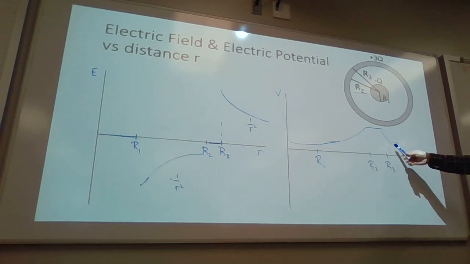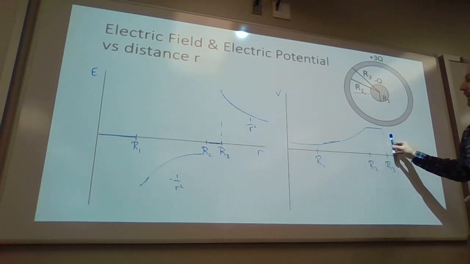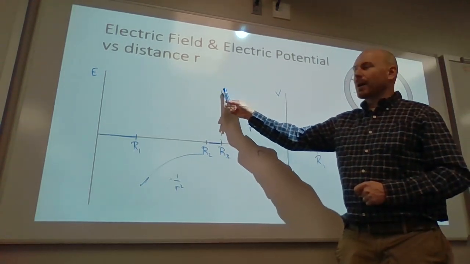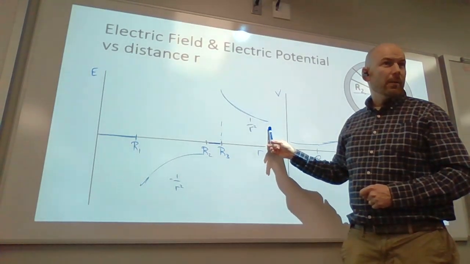So this has a negative slope. And it's increasing as we go that way, meaning we have a positive value that's higher here, lower here.